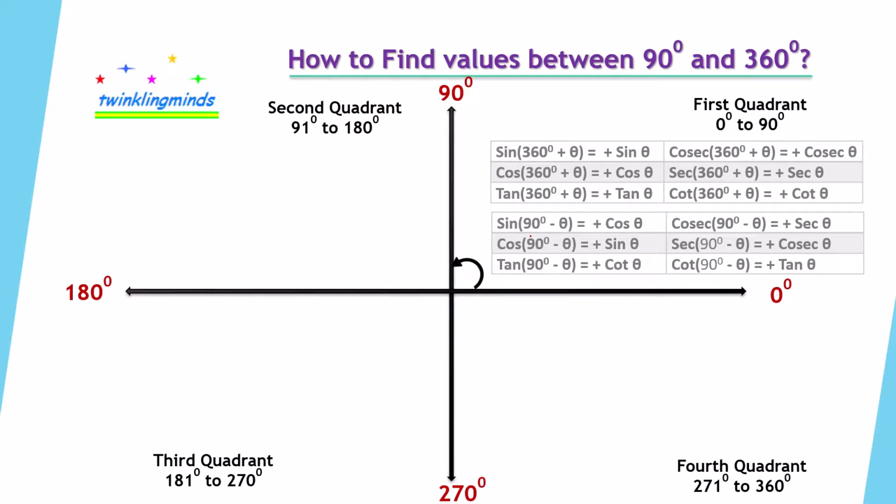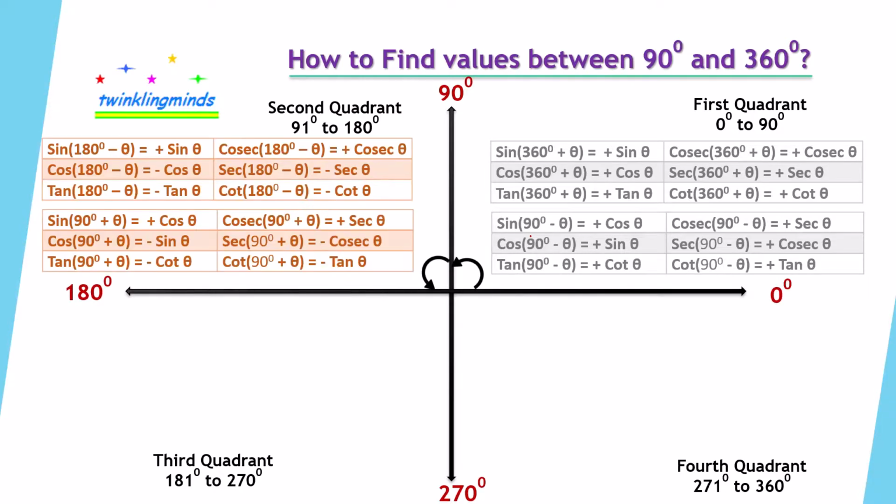In first quadrant, the angle between 0 to 90 degrees is represented by the notation either 90 degrees minus theta or 360 degrees plus theta. In second quadrant, we use the notation either 180 degrees minus theta or 90 degrees plus theta.